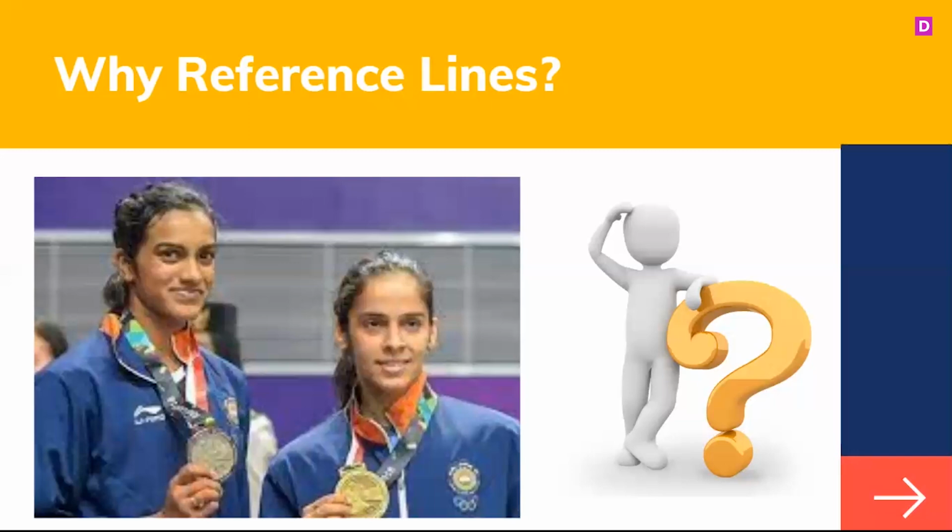But when you talk about a reference line, to decide who is going to qualify for the Tokyo Olympics, we will not look into one parameter, right? We will look into 10 parameters, take an aggregation of these 10 parameters, and whoever is scoring above 9 is going to the Olympics. That's the idea. So we need to perform some kind of aggregation on whatever factors we have considered.